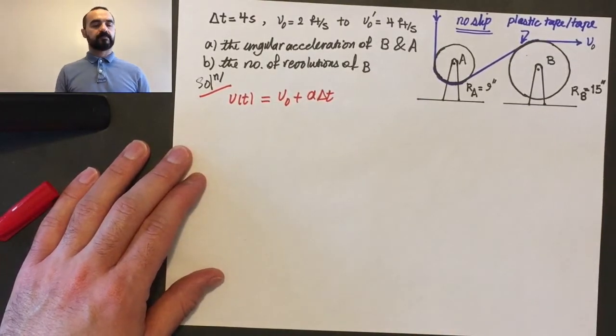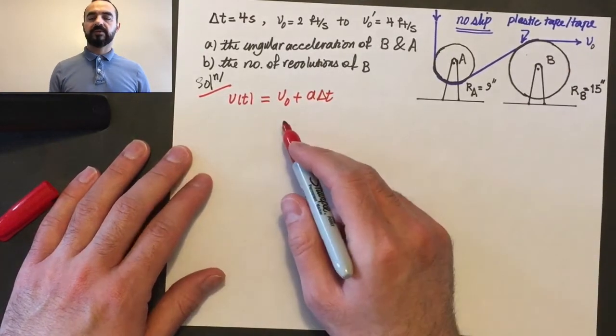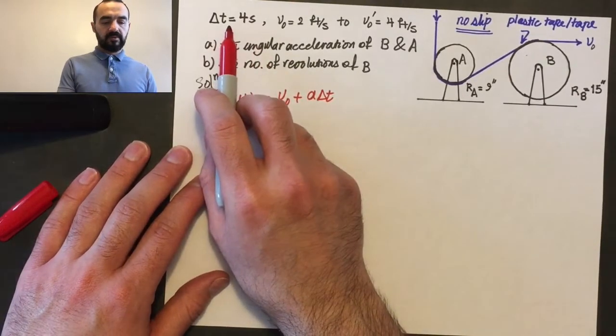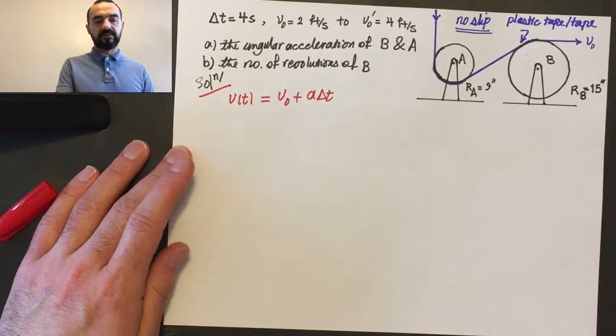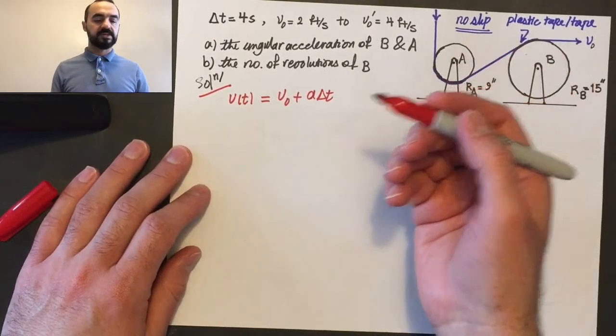If we integrate the relationship between acceleration and velocity, we get this equation. Let's say initially time is equal to 0 and delta t is equal to 4.